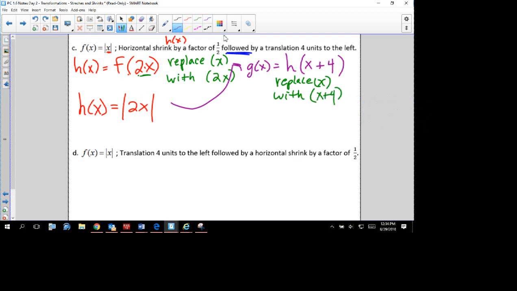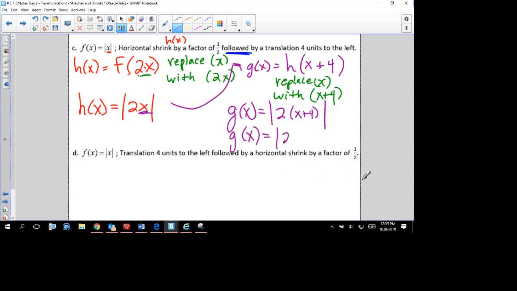So in h of x, wherever I see an x, I'm going to make that an x plus 4. So it's going to look like absolute value 2, parenthesis x plus 4, close parenthesis, close your absolute value. You see how I replaced just the x with the x plus 4, but the 2 is still there. Can we simplify that? Yes.